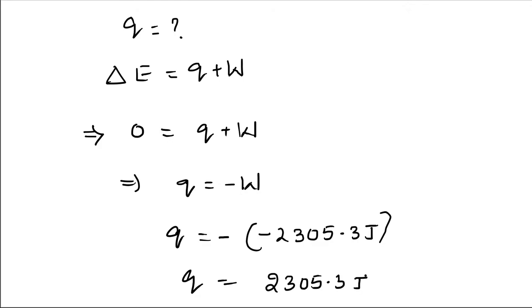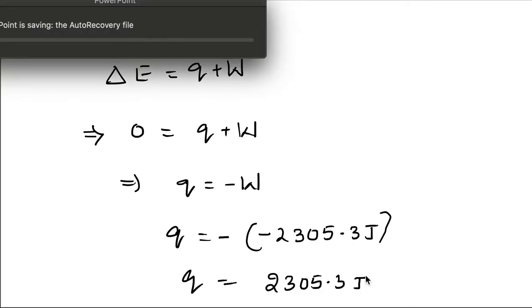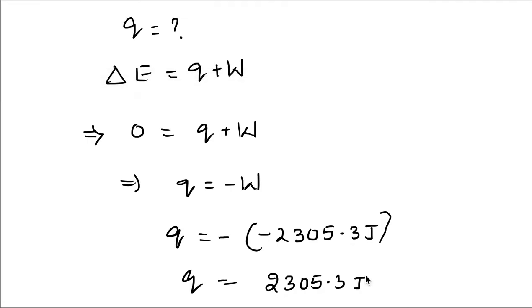System is absorbing 2305.3 joules of energy and undergoing expansion, which is equivalent to a work of 2305 joules. Wonderful. 2305.3 joules of heat is absorbed, and that heat resulted in 2305.3 joules of work.